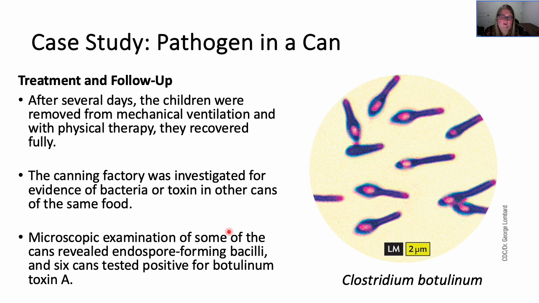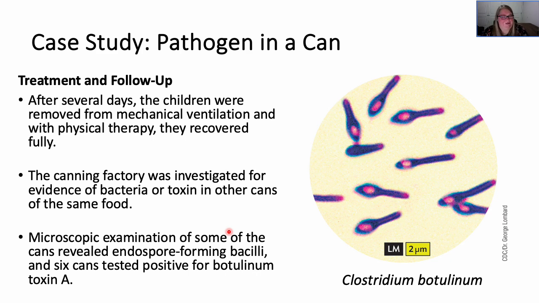Now, when we can food, if you don't use a pressure cooker and just use heat like a lot of canning factories, because this is an endospore, just boiling it won't kill the endospore. We have to have that pressure element as well. This is one of the reasons why this bacterium and this toxin is found mostly in food contamination.